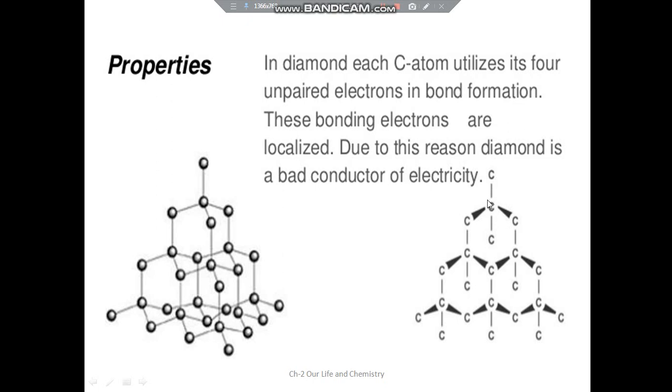So this carbon does not have any free electron. The same is the case with every other carbon atom in the structure. So carbon in diamond has no free electrons in its structure, and that is the reason it can't conduct electricity, because the conduction of electricity needs a carrier, basically an electron.